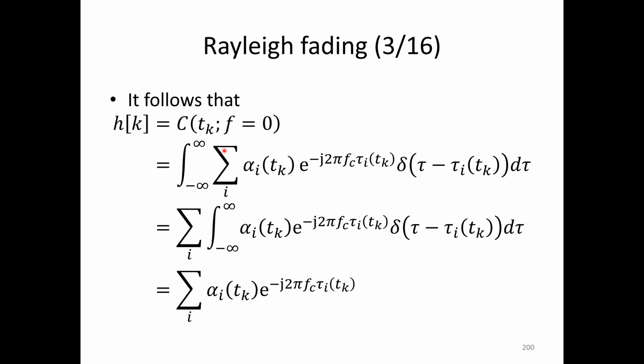Then we have the integral from negative infinity to infinity of the summation over i of alpha i of tk times exponential negative j2 pi fc tau i of tk times delta of tau minus tau i of tk d tau.